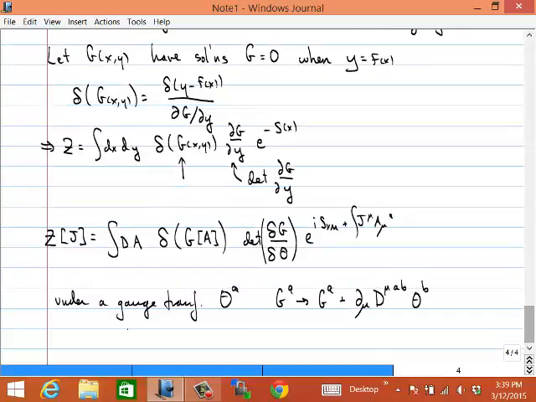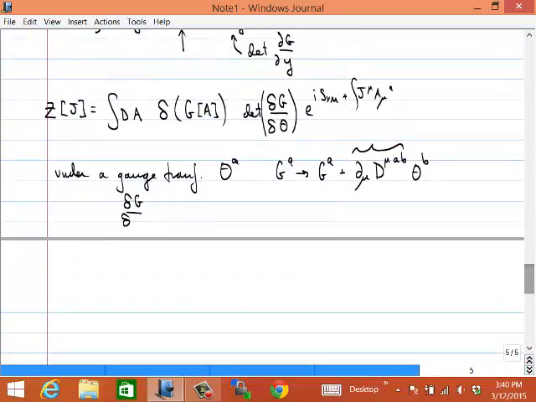So that means that the variational derivative of g with respect to theta is an operator, and it's precisely this operator. If we want to write it out a little more explicitly, remember our rules for taking functional derivatives. The functional derivative of theta with respect to theta b means you just replace every theta b by a delta function.